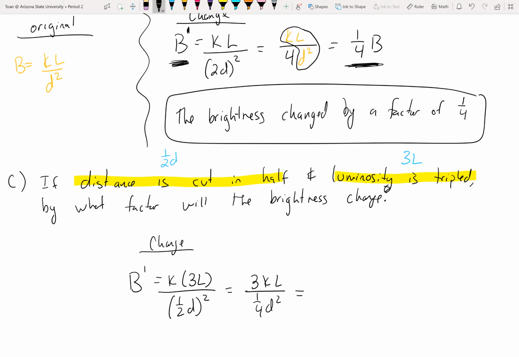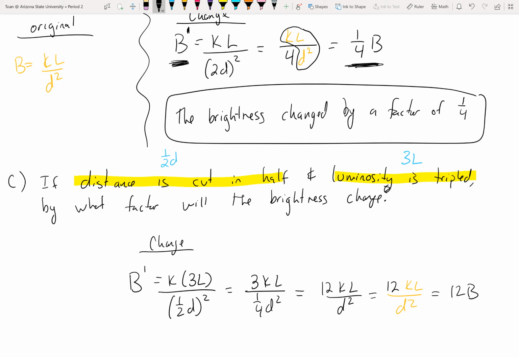So dividing by 1/4 is the same thing as multiplying by 4, so that becomes 12KL over D squared. I'm going to highlight the original, and here was the original, KL over D squared. So that's 12 KL over D squared. And remember that the original equals the B.